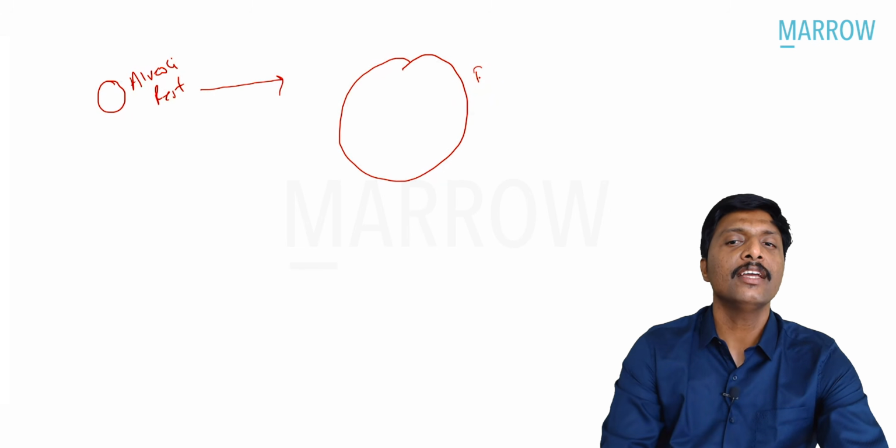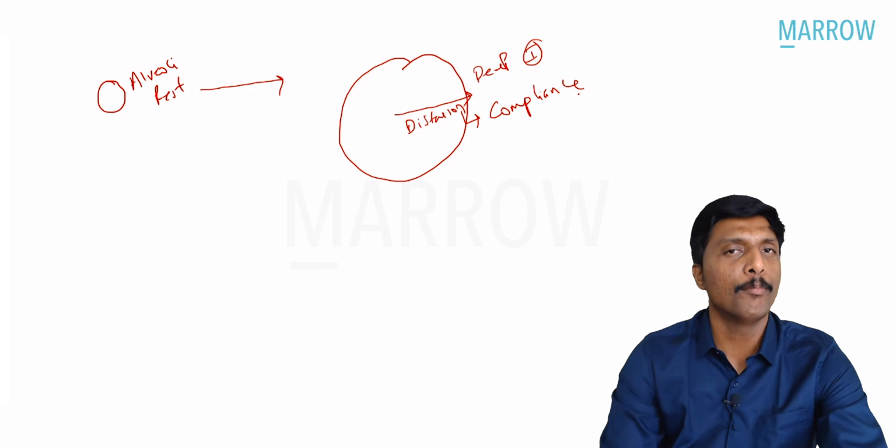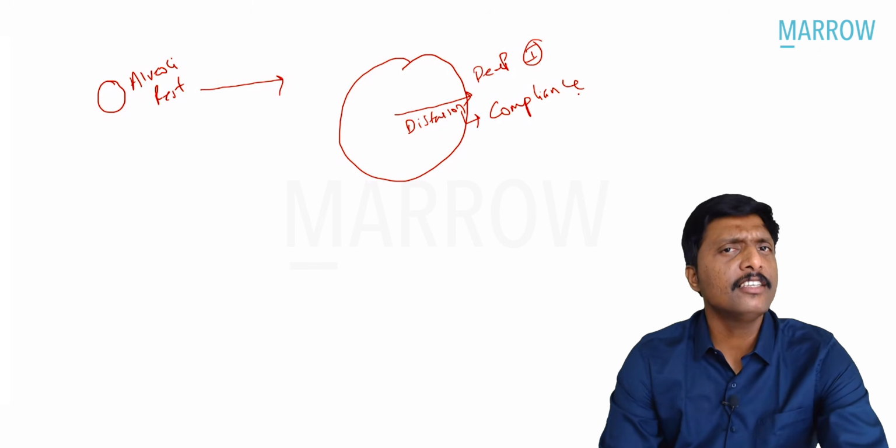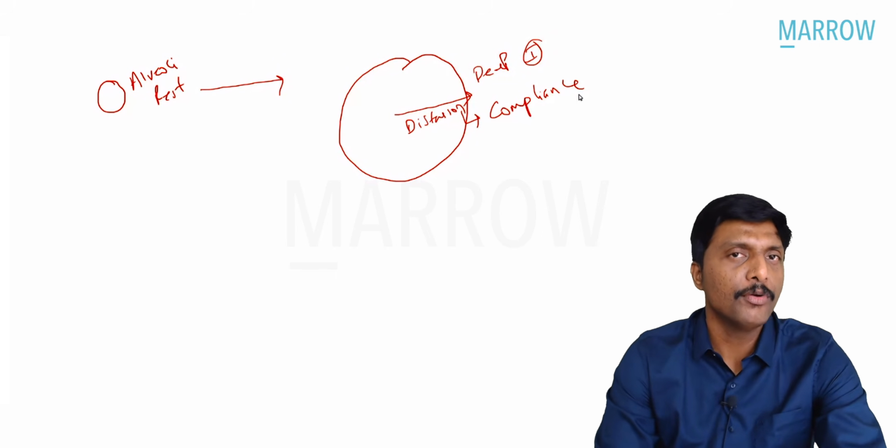This is during deep inspiration. This alveoli is undergoing something that is called distension. What is this distension, sir? The other name, the technical term, the fancy term I must say for this is compliance. Compliance is none other than the distensibility, the distension capability of our alveoli.